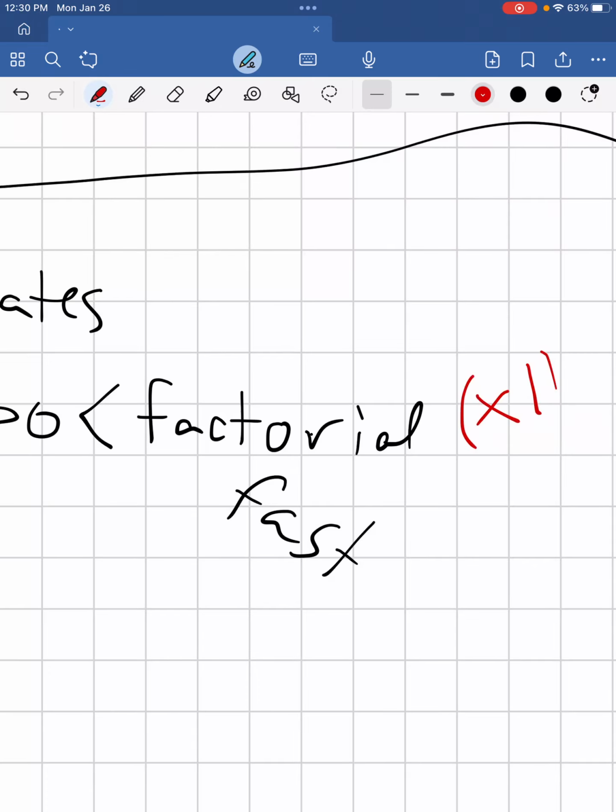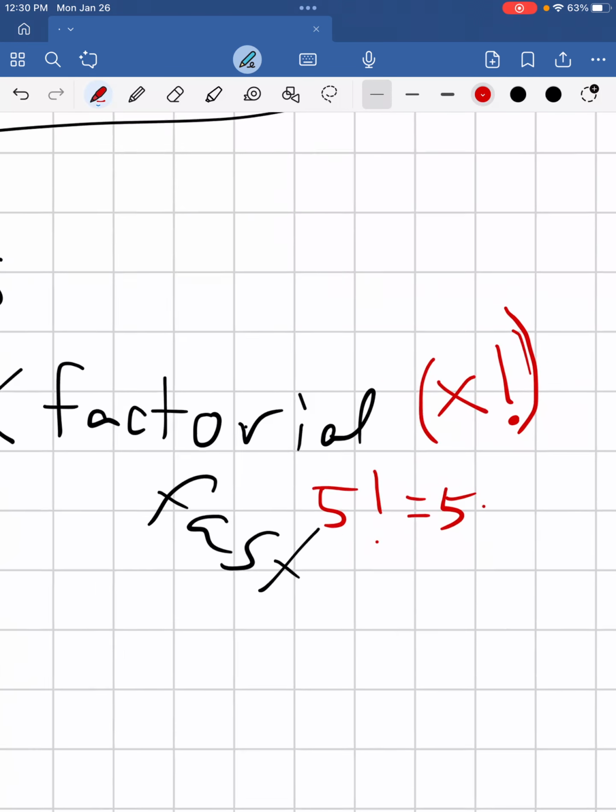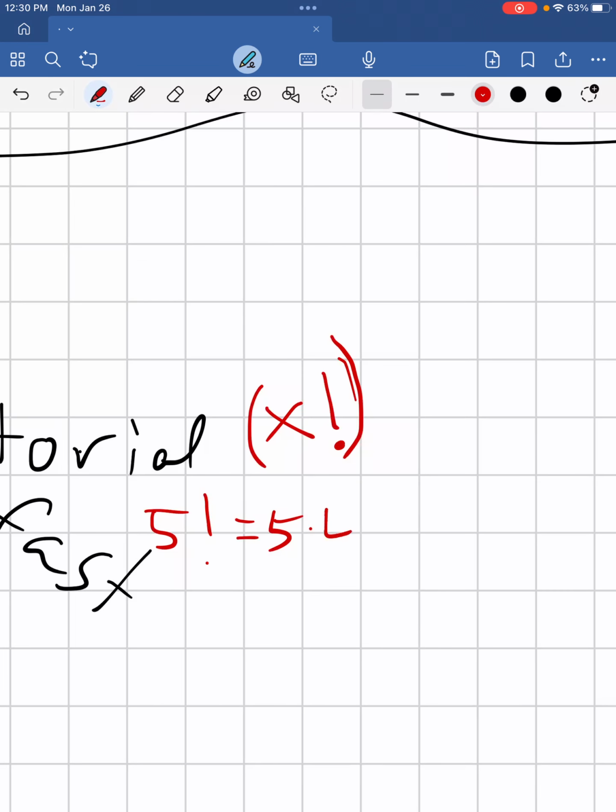But a factorial we represent with an exclamation point, and essentially it just means that you multiply x by every positive integer that comes before it. So for example, 5 factorial would be 5 times every positive number that comes before it. Whole number only. Otherwise, you start getting into gamma functions, which are a different beast altogether.